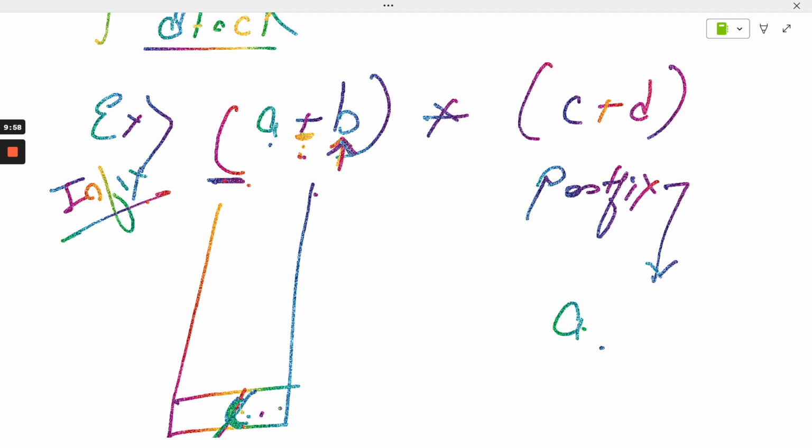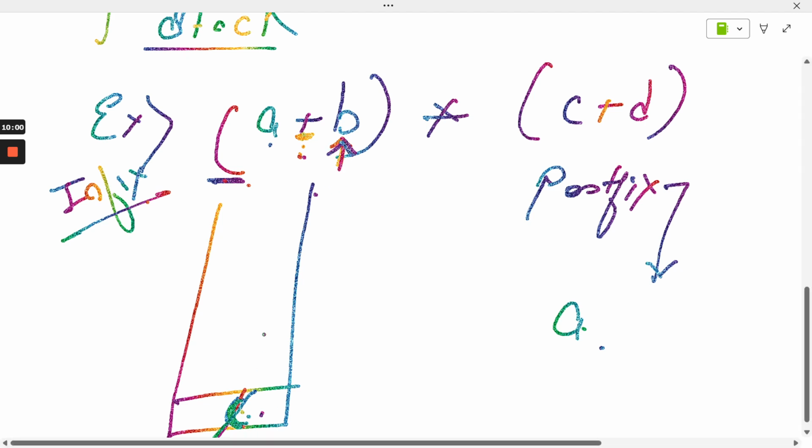Since this operator has higher precedence than this operator, and this is an opening bracket, we need to look for the closing bracket as well. So we move the look ahead symbol to b, and we write b here. Again, we have this closing bracket.